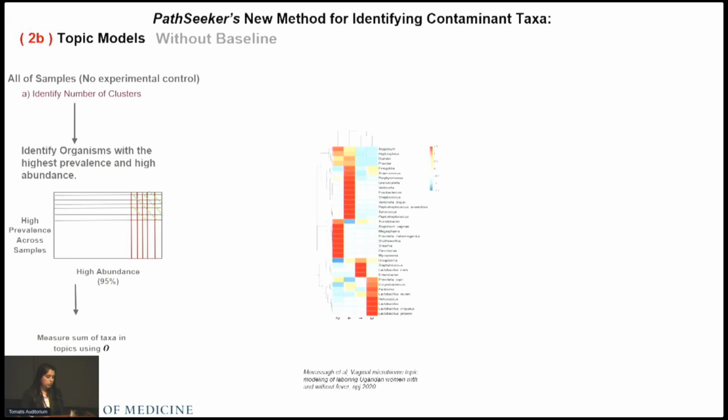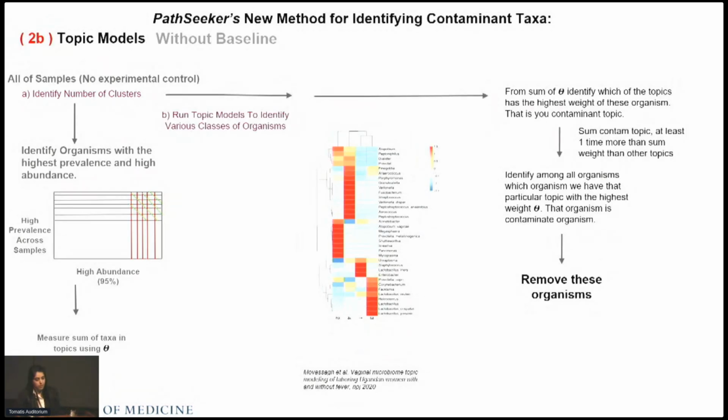So you are trying to select these features. And once you do that, now that you have that theta that shows you the weight of every feature and which ones have more weight in that topic, you sum that up and figure out through your theta which topic is potentially your contaminant topic.